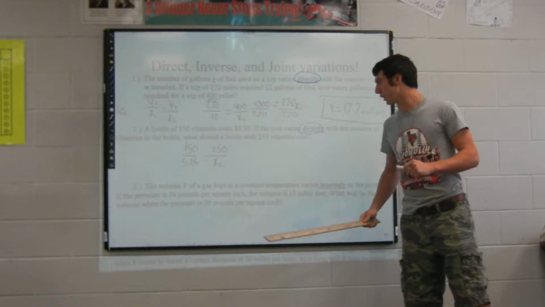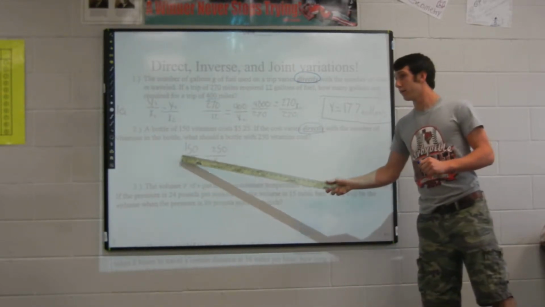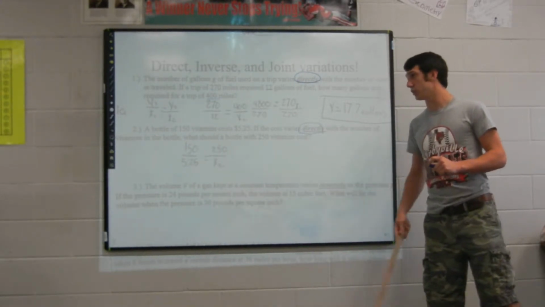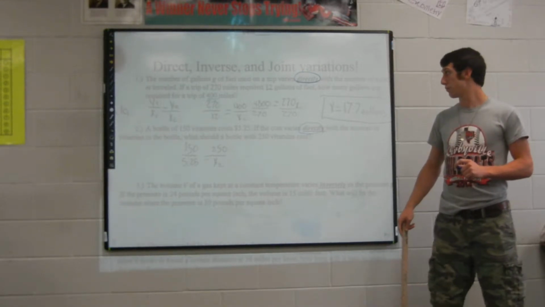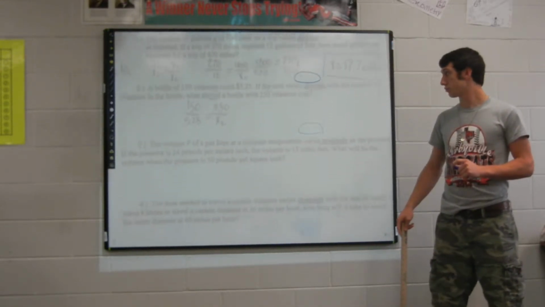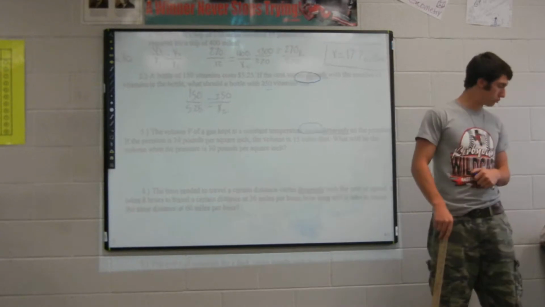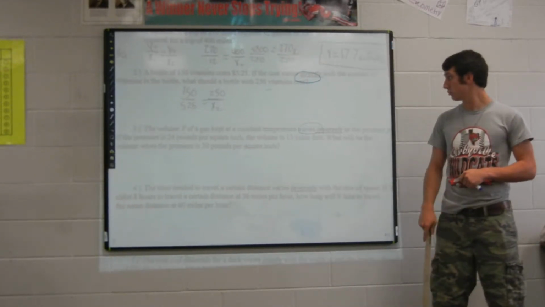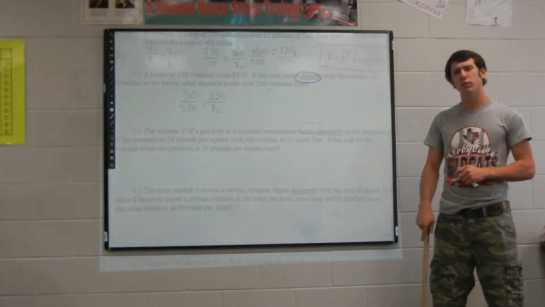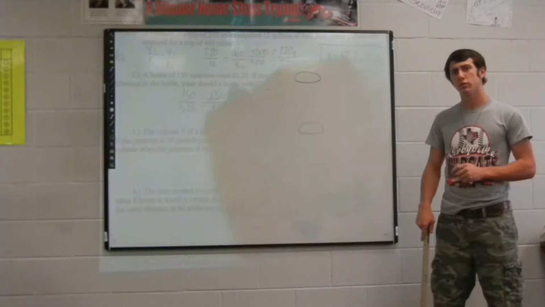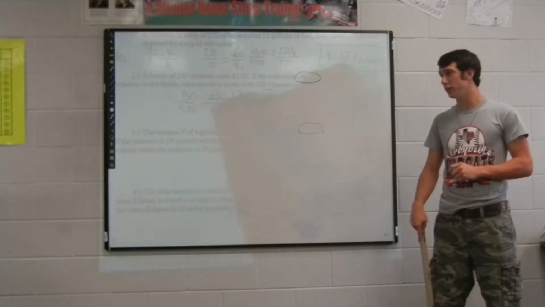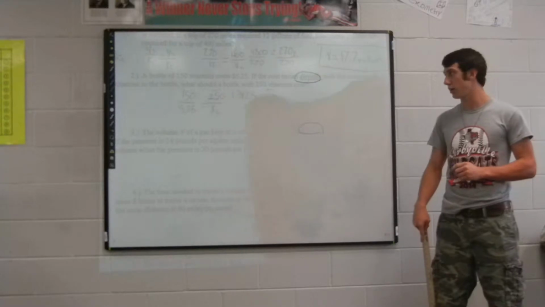Now, cross multiply. What is 5.25 times 250? 1,312.5. Say that one more time. 1,312.5. You heard that, Big Cat? Look at that class participation we have.